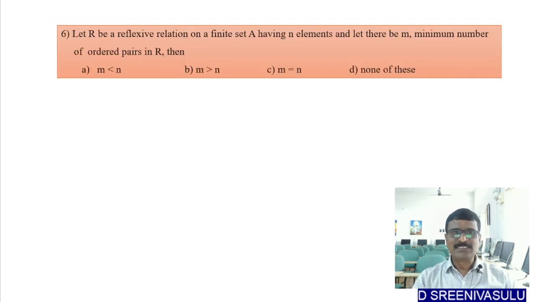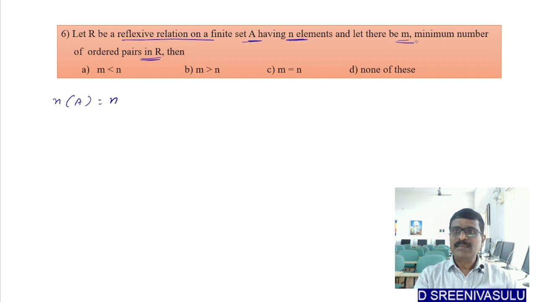Question number 6. Let R be a reflexive relation on a finite set A having n elements. The number of elements in set A is equal to n. The minimum number of ordered pairs of R is equal to m.